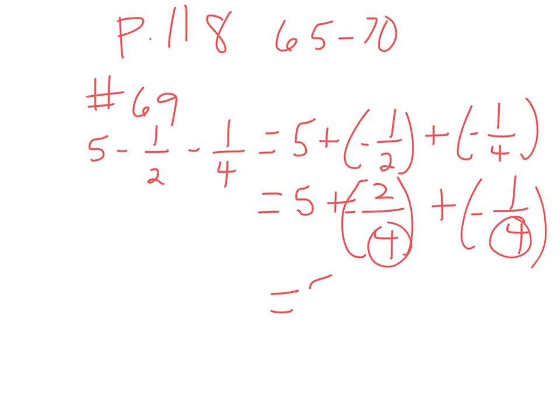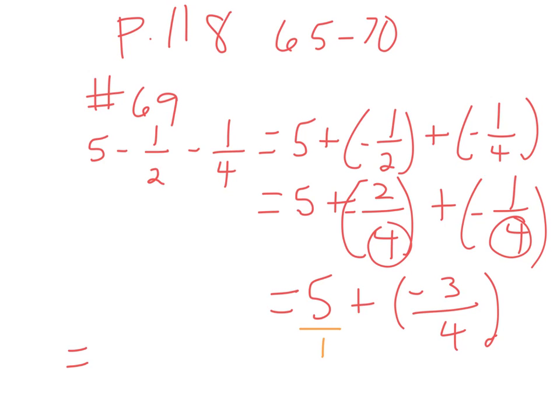And then we have 5 plus negative 2, negative 1 is negative 3 over 4. And now I'm going to make these equivalent fractions by multiplying this by 4.